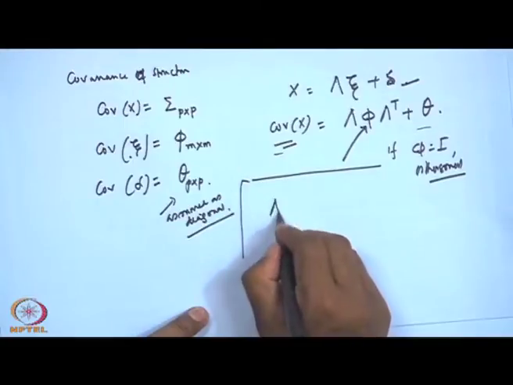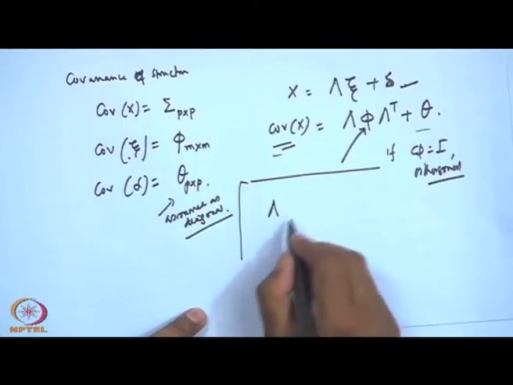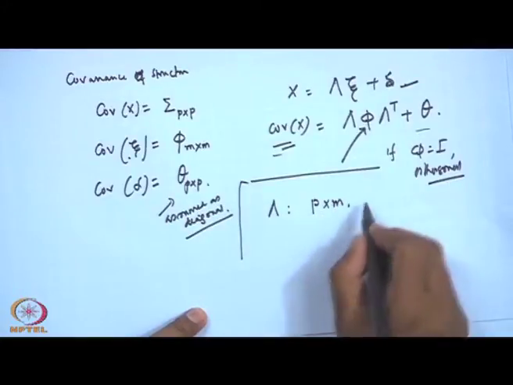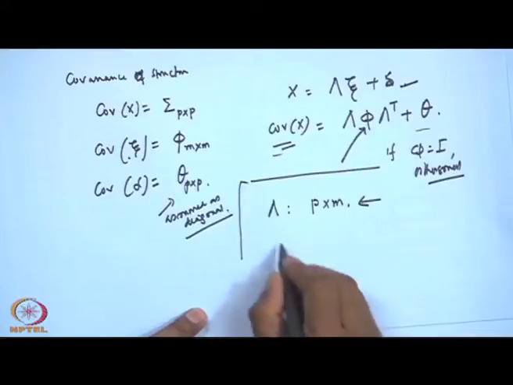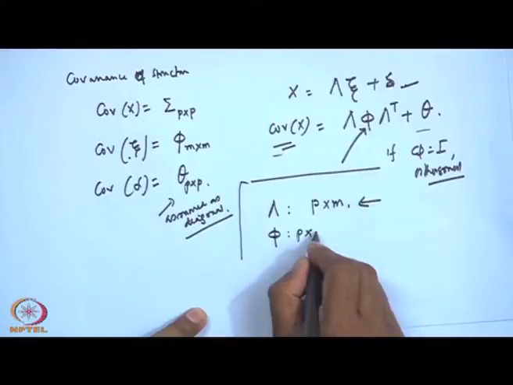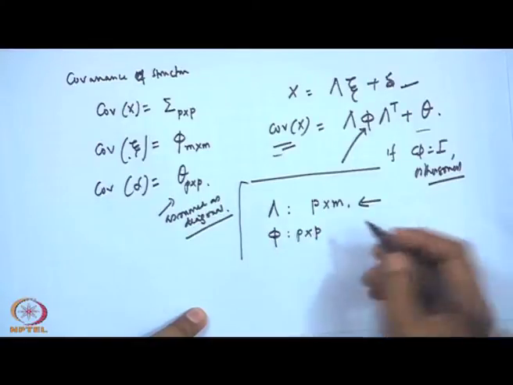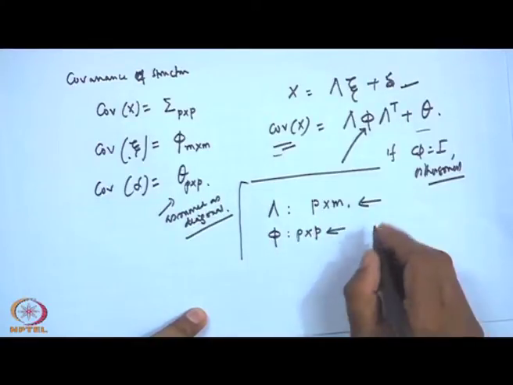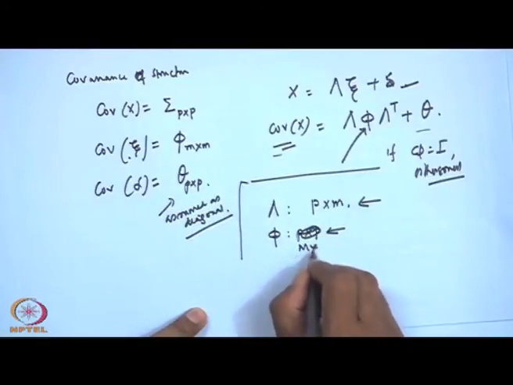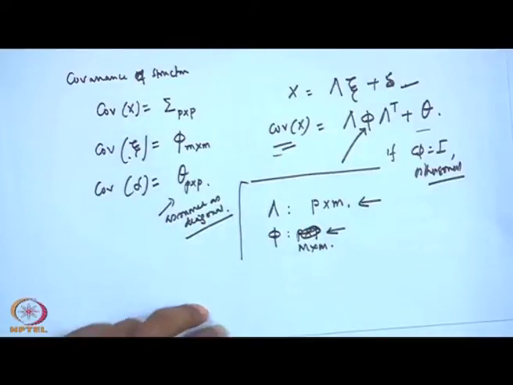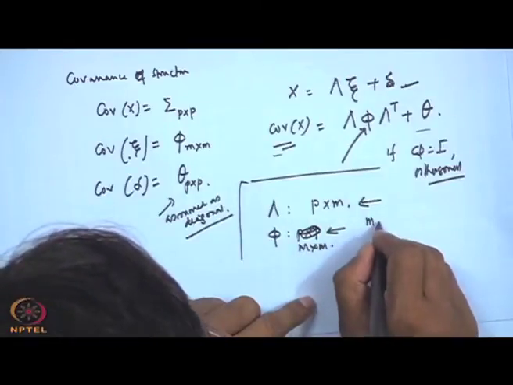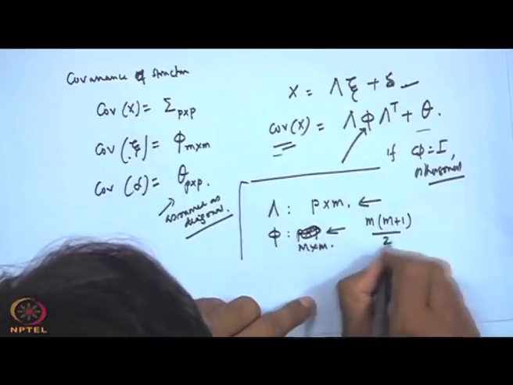One is capital lambda, which is a p cross m matrix, so that many parameters are to be estimated. There is phi, which is an m cross m matrix, and being symmetric, the number of parameters will be m into m plus 1 by 2.